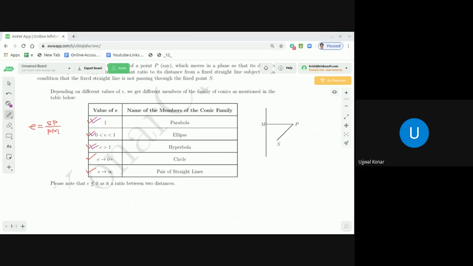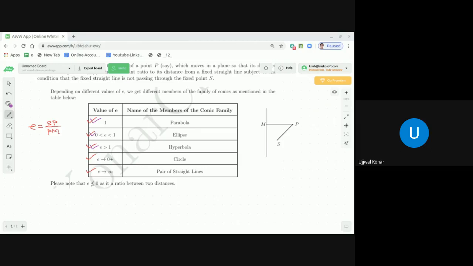Now, dear students, if you recall the general equation of second degree that we discussed during the study of pair of straight lines, and also during the study of circles. So what is the general equation of second degree in X and Y? Let me read it out, then I will write it down.